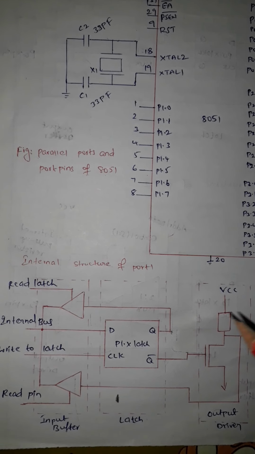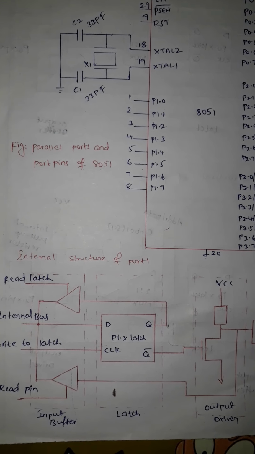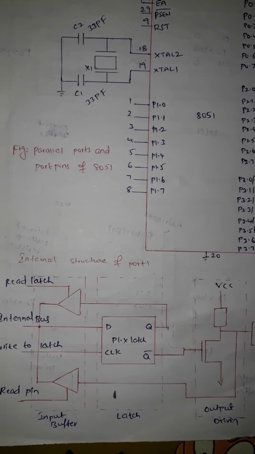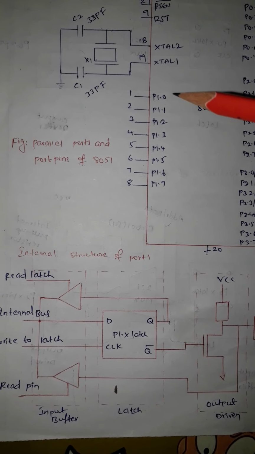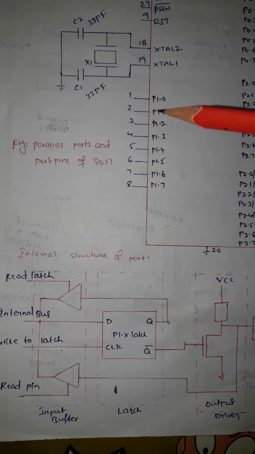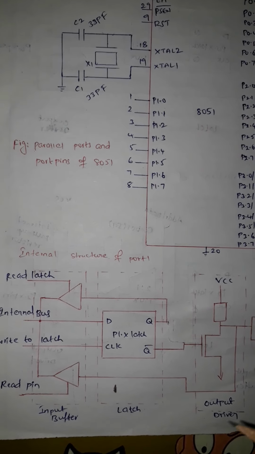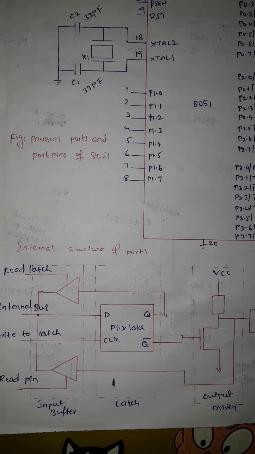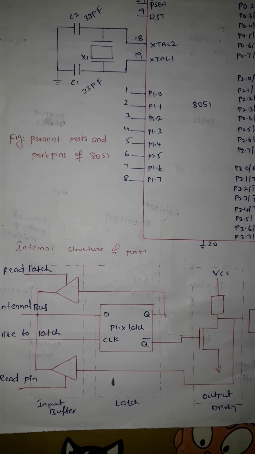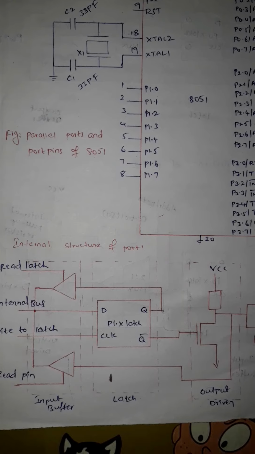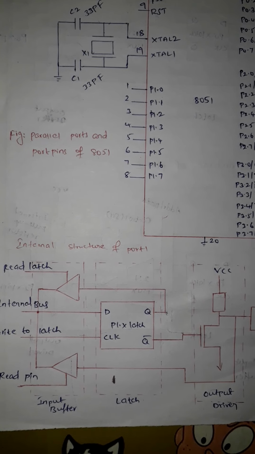This port 1 can be configured as an input port or output port, and port 1 is used only for IO operation. So this port can be used as an input port or as an output port.